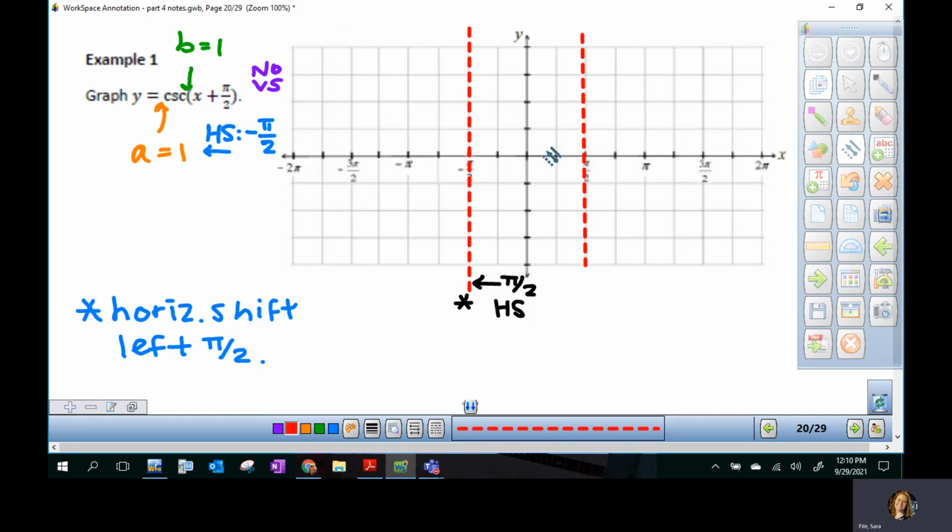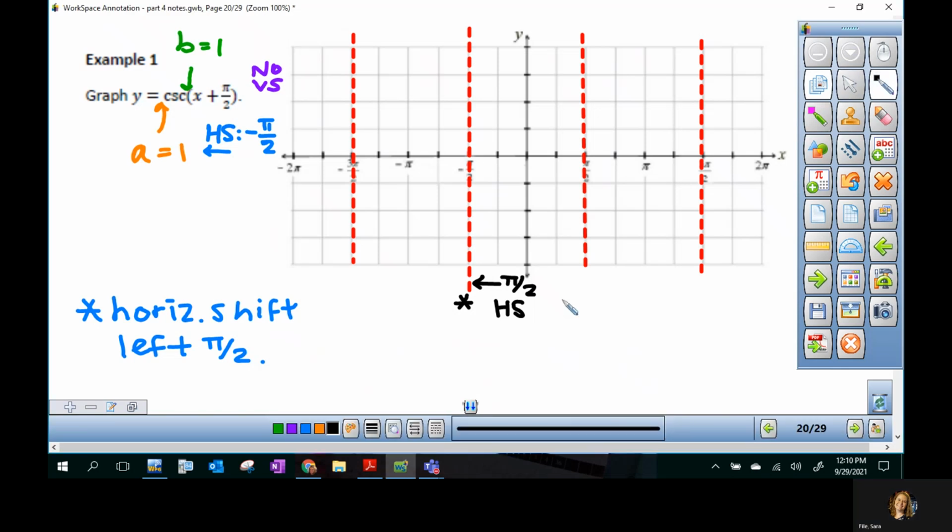Okay, so you can see that's 4 grid lines. So over another 4. That's for every secant or cosecant graph that has not been horizontally stretched or compressed. Does that make sense? Okay, it's going to keep that same width between the asymptotes as long as it hasn't been horizontally stretched or compressed.